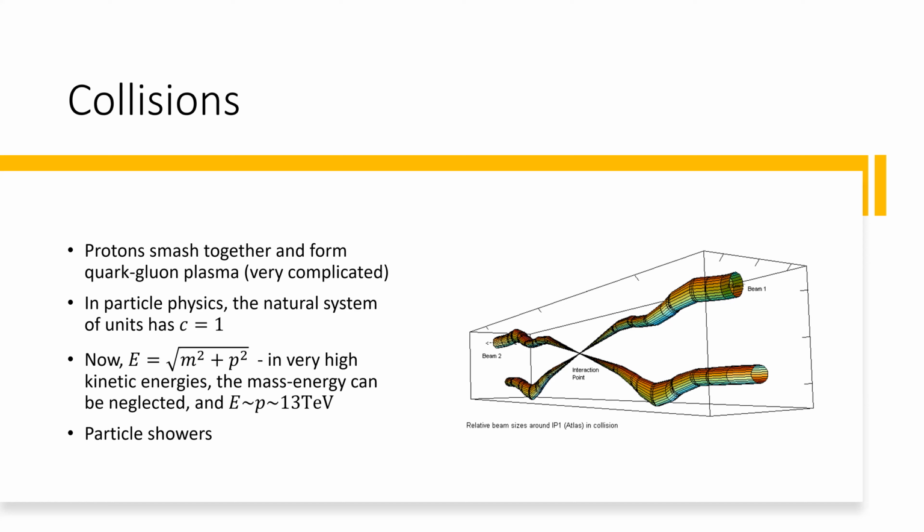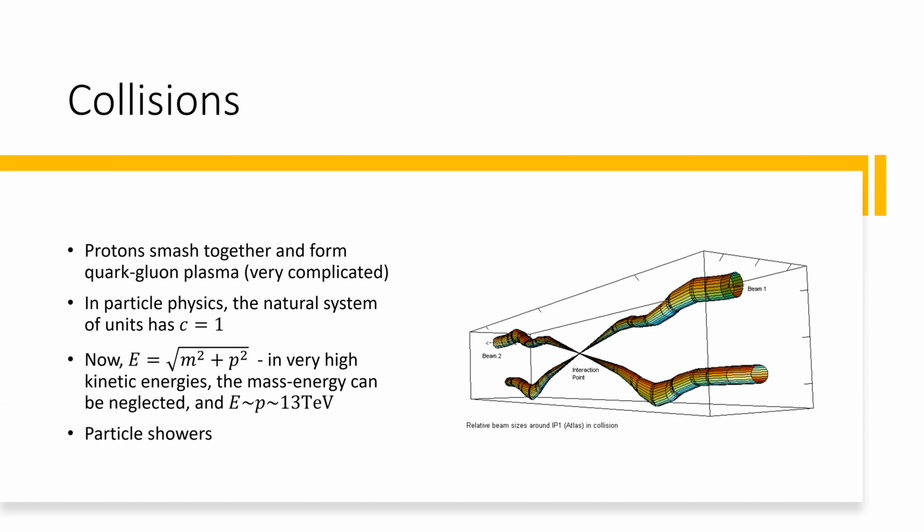So this is 13 times 10 to the 12 electron volts, which is a very, very large number. For reference, the mass of an electron is about 511 kilo electron volts, and the mass of a proton or a neutron is about 928 mega electron volts.